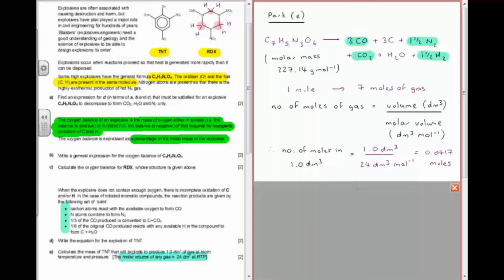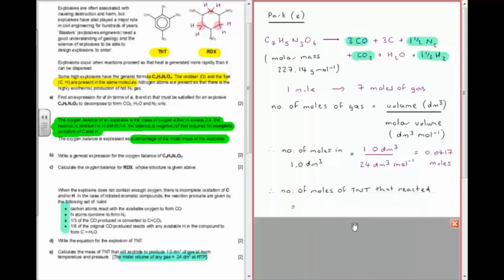So if 1 decimeters cubed of gas is equal to 0.0417 moles of gas, then we can work out that if 1 mole of TNT produces 7 moles of gas, then the number of moles of TNT that must have reacted is equal to 0.0417 divided by 7, because it's a 1:7 ratio, which gives us an answer of 5.95 times 10 to the minus 3 moles.